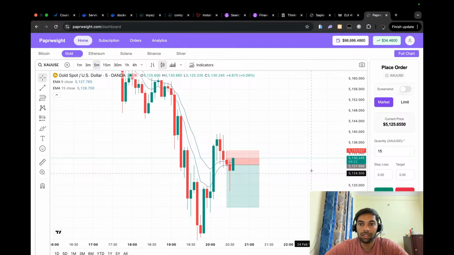Now it is currently at 129, so this is running far behind, because right now price is 131 and this is showing 124. So this is showing a false price, guys.